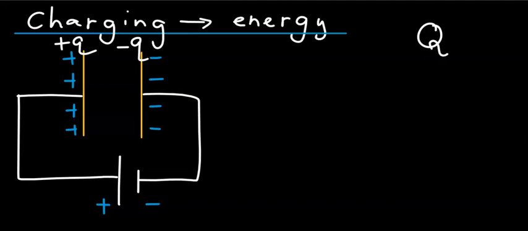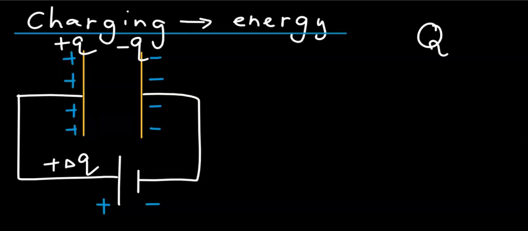So as the battery tries to charge the left-hand side plate with more positive charges, let's say to the amount of delta little q, this positive delta little q will be repelled by the already existing positive charges on the left-hand side plate of the capacitor.